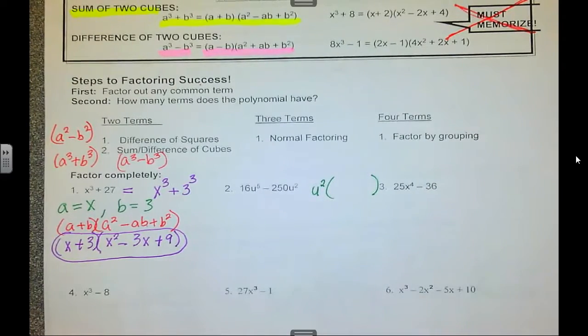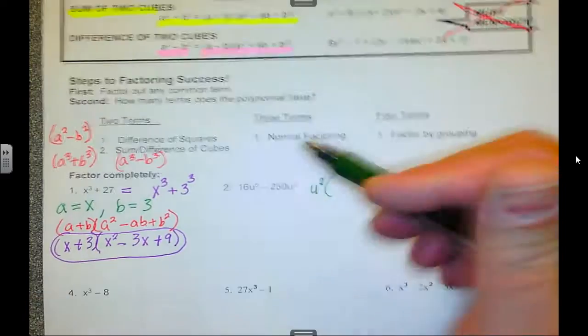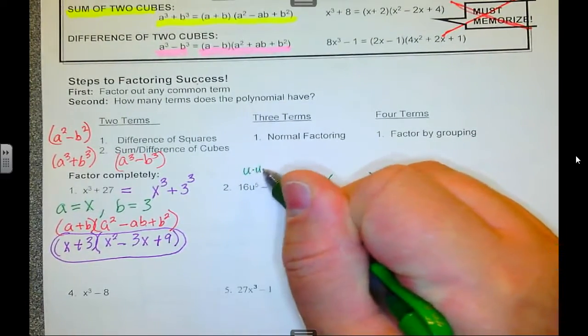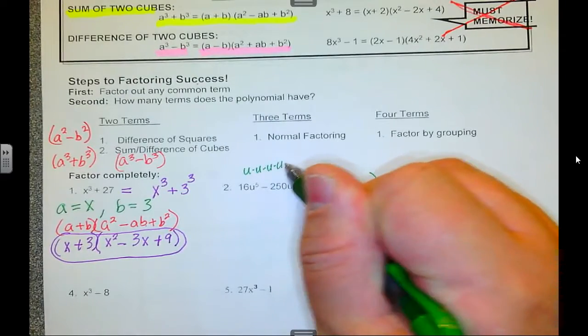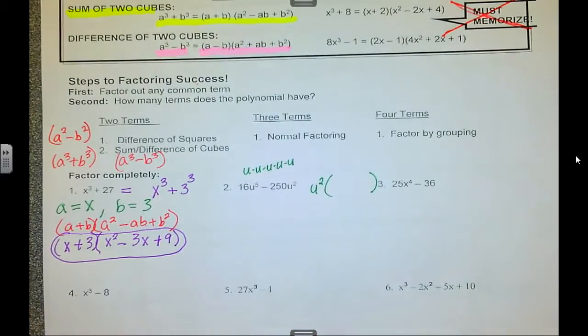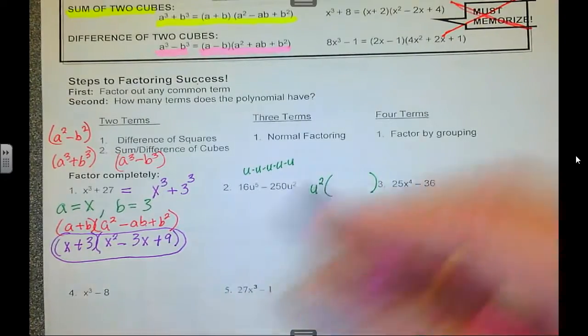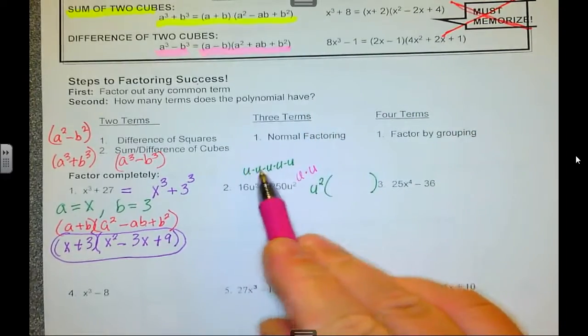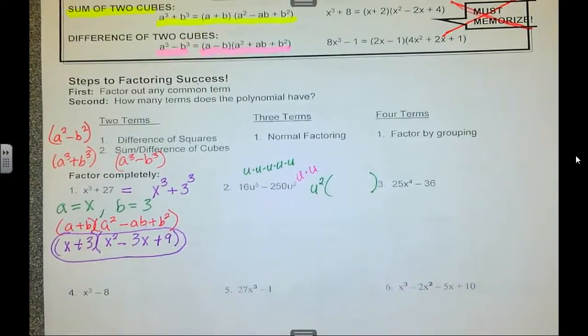The 2 Utes? Well, I've got u to the 5th. Right, so that gives me 1, 2, 3, 4, 5. And I got u to the 2nd. Which, yep, there you go. They both have 2 u's, so I can take out 2 u's.